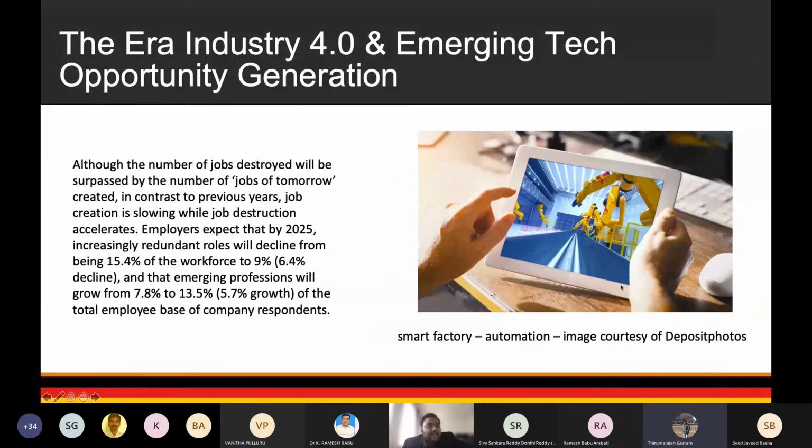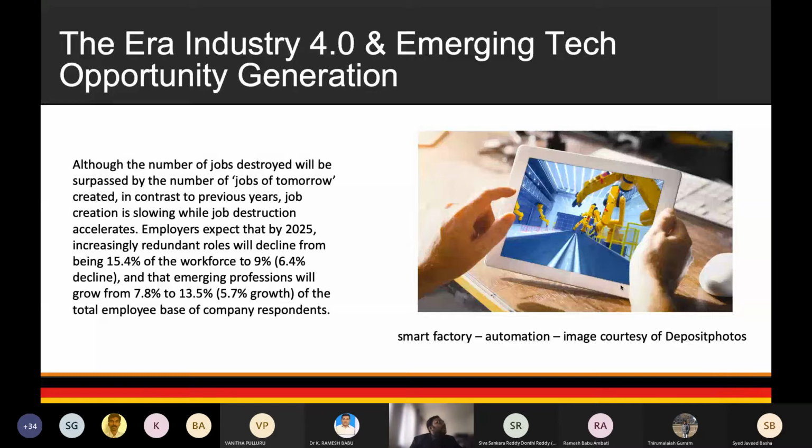Although people are talking about jobs being destroyed, and what the jobs for tomorrow are, and how creation is happening, this is not from my words. This is the analysis considering smart factory automation and merging different analyses.